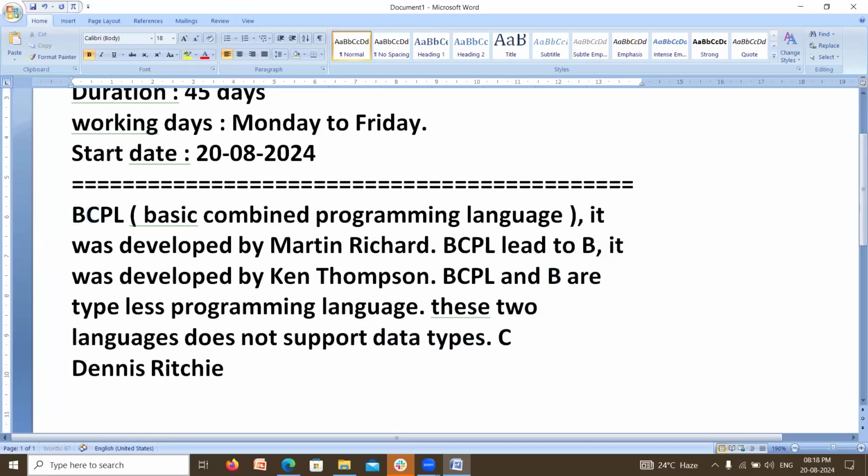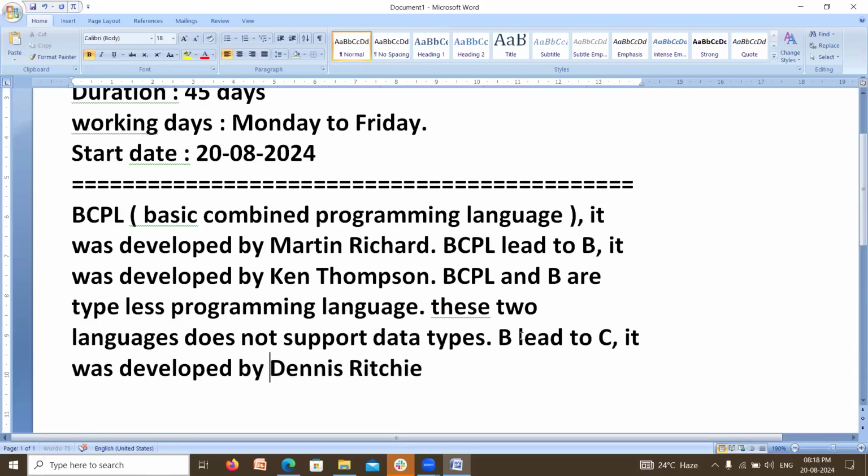So B led to C. From the B language, the C language was developed. Who is the developer?